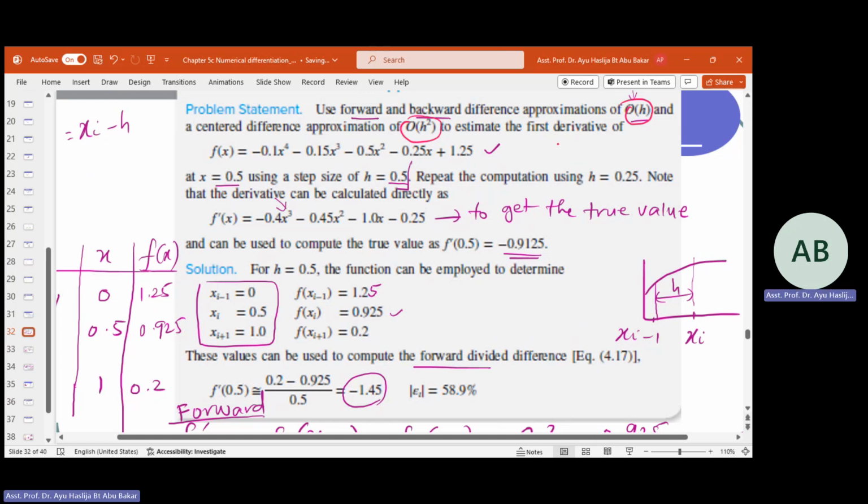To estimate the first derivative, this is the function given. Similar approach as we did just now, find the x values and the f(x) values. Then from there, plug into the equation, and you will get the value over here for forward.